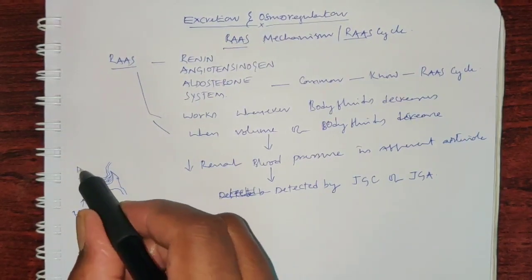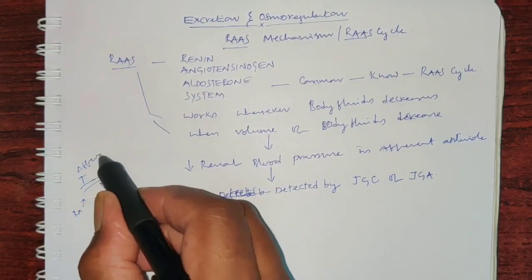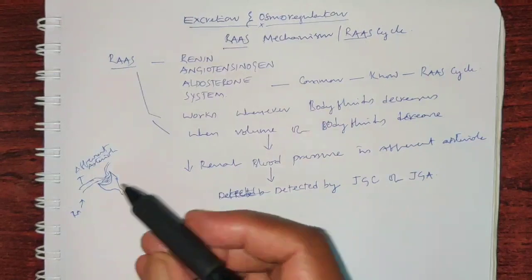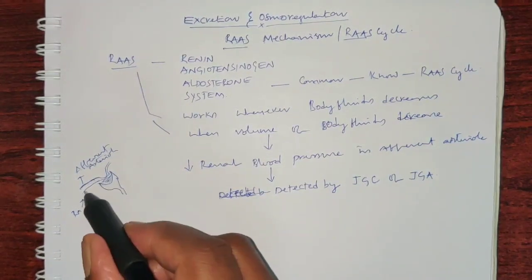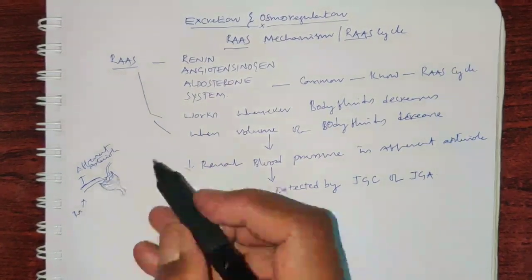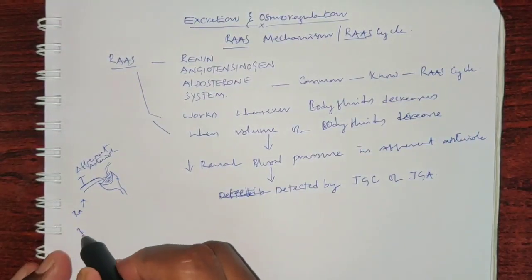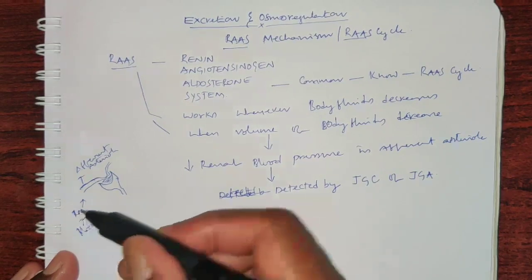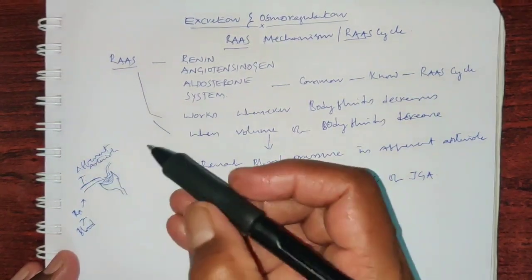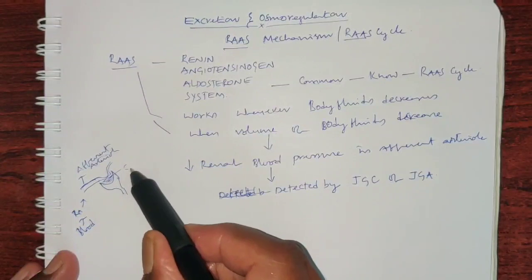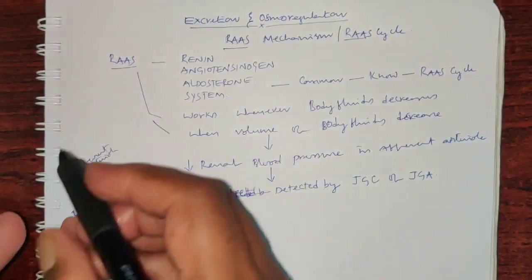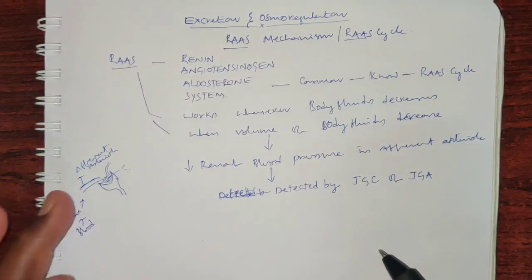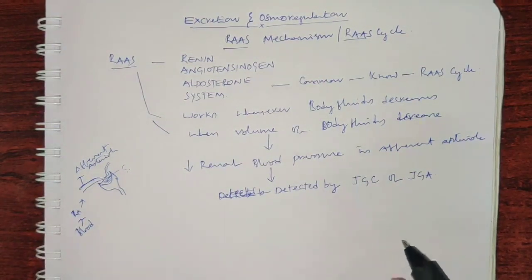This is called the afferent arteriole. Blood enters the renal artery, from there it goes to the afferent arteriole, and then to the glomerulus. So when the flow of blood decreases, the afferent arteriole pressure will decrease.